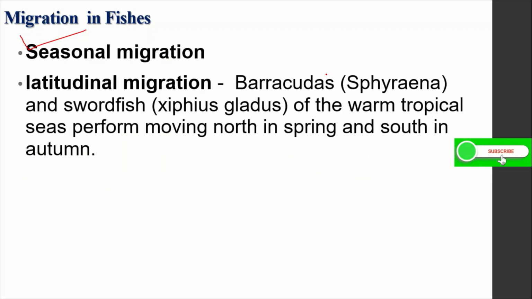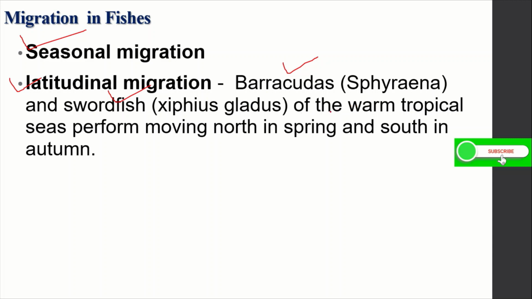The second type of migration is called latitudinal migration. Latitudinal migration can be shown by some species of fish like barracudas and swordfish. Swordfish of the warm tropical seas perform latitudinal migration, moving to the north in spring and to the south in the autumn.